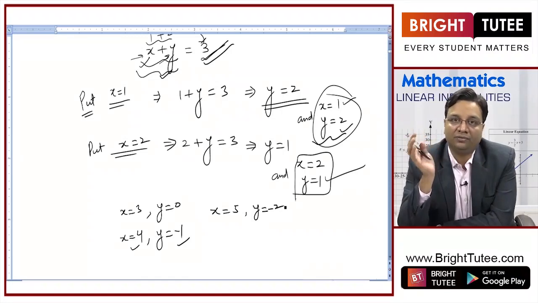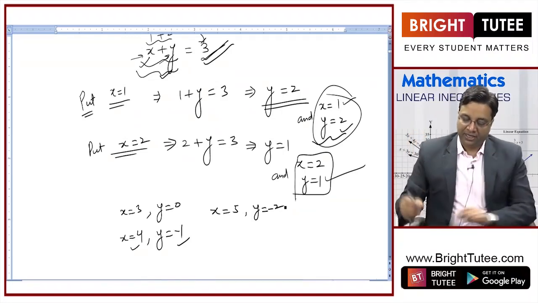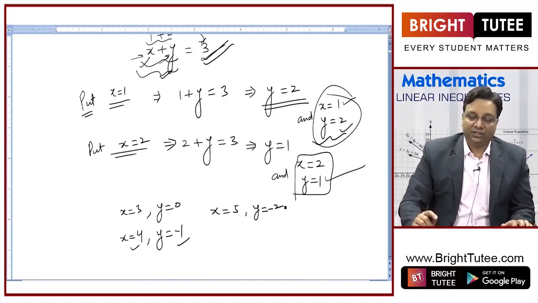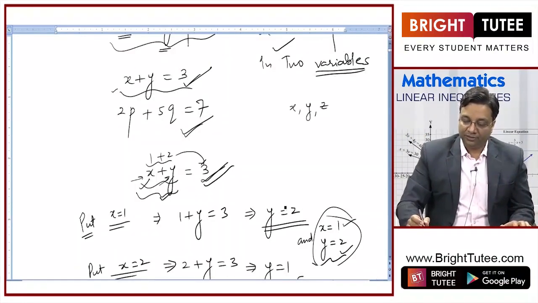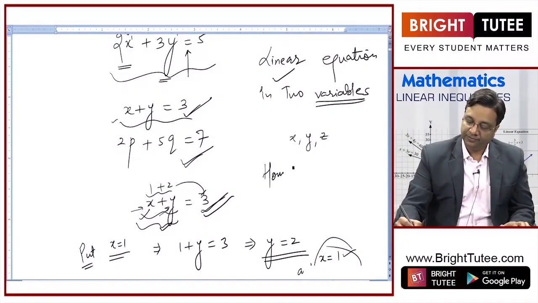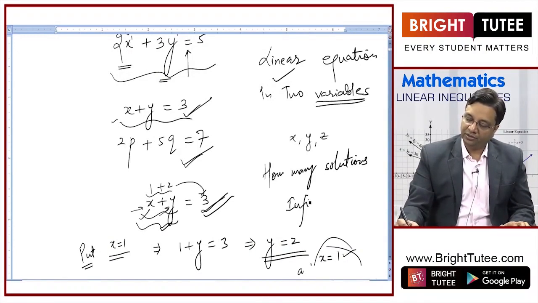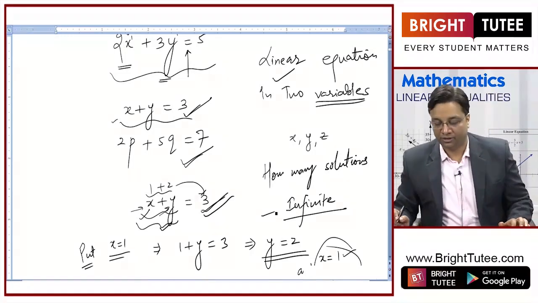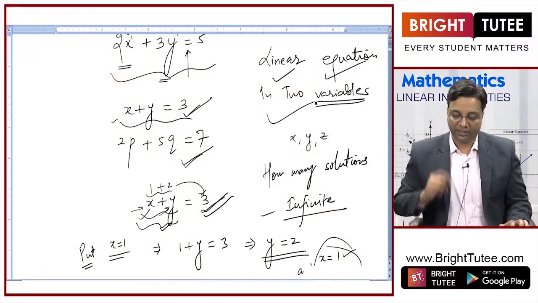So you have got infinite number of solutions in case of a linear equation in two variables. So how many solutions? Infinite number of solutions for linear equation in two variables.